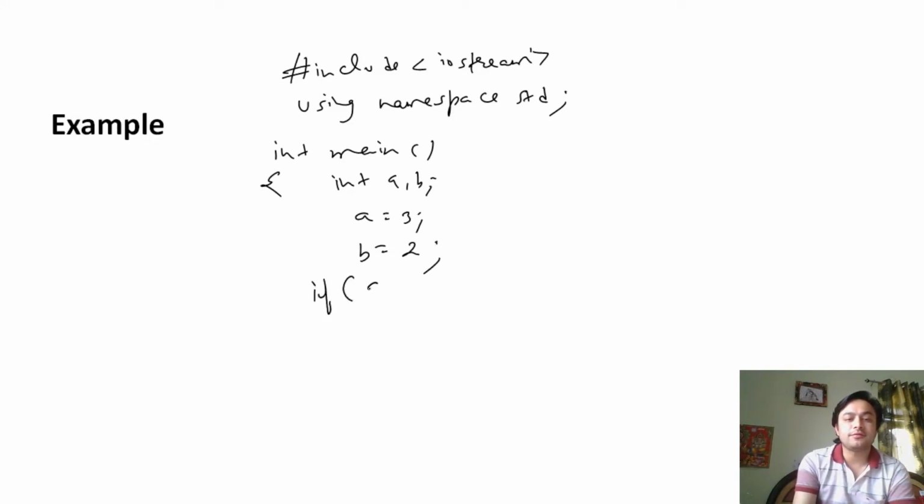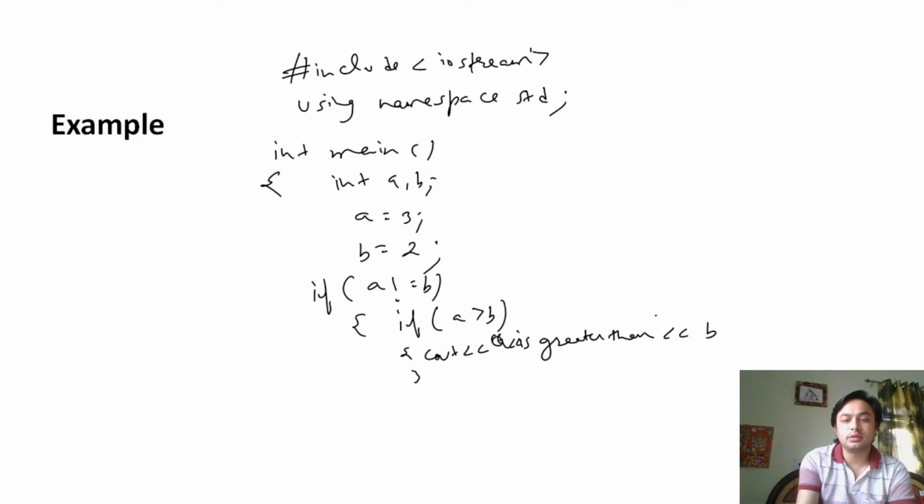Then checking if a is not equal to b, then if a is greater than b, then cout "a is greater than b". This should be within double quotation. Else cout "b is greater than a".